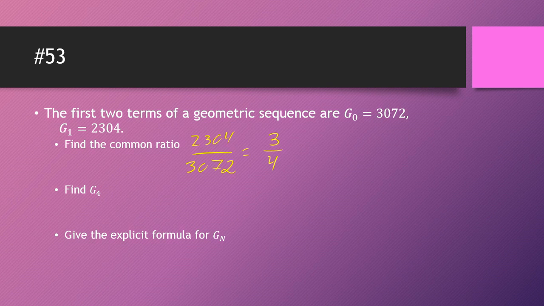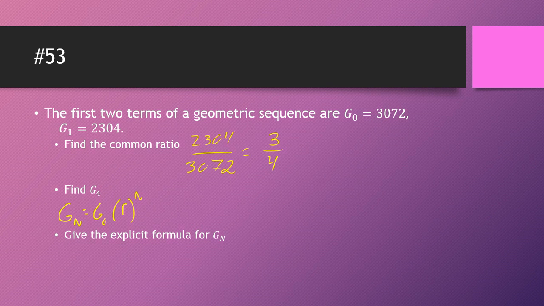Now, to find the fourth number in the sequence, one way of doing this is just to multiply going down, or you could use the geometric sequence formula. The formula is g sub n is equal to g sub 0 times the ratio to the nth.